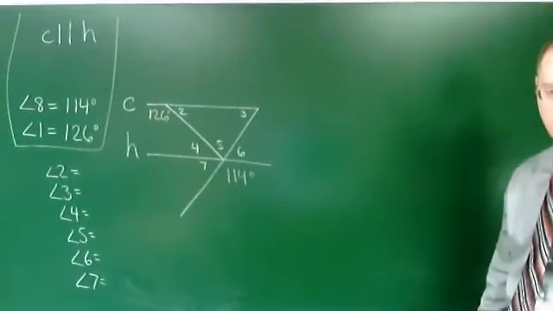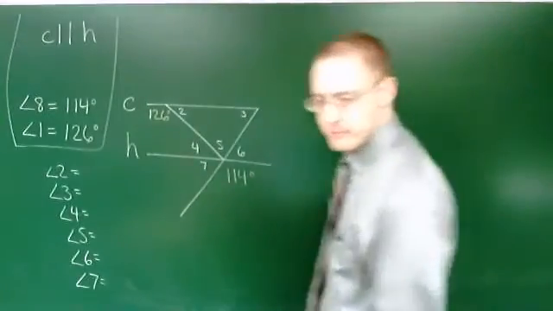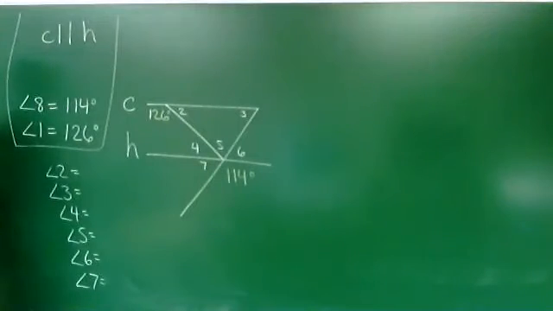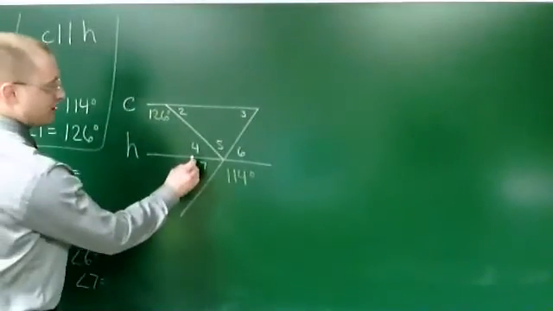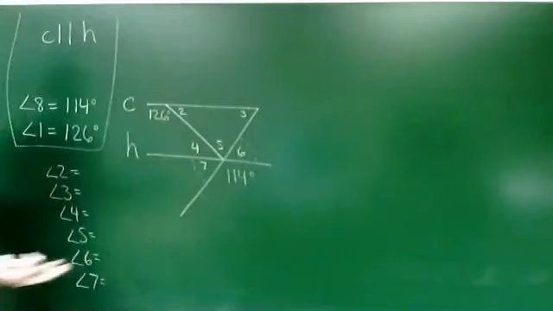I mean, that's a little bit bigger and a little bit clearer on your screens now. First angle I would find is either angle 7 or angle 6, because we see that 7 and 6, either one would make 180 with 114.